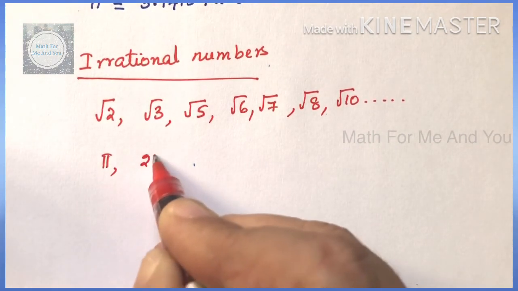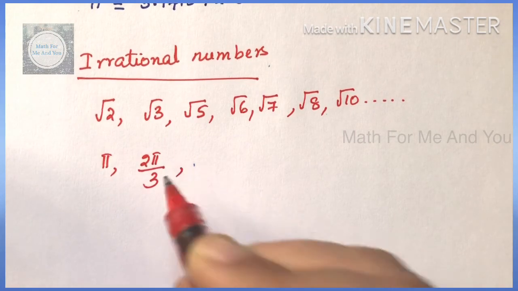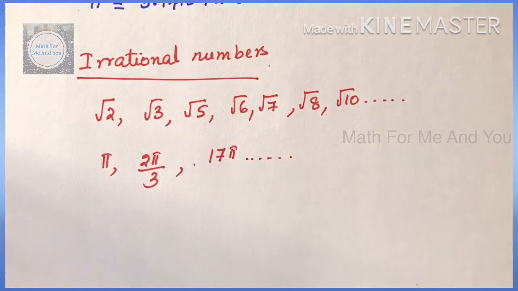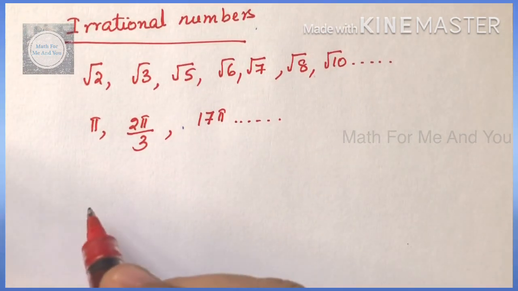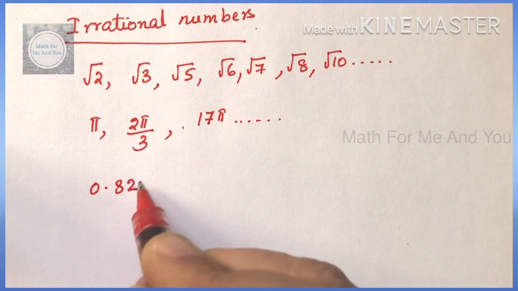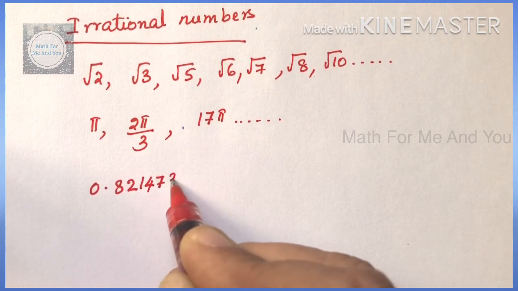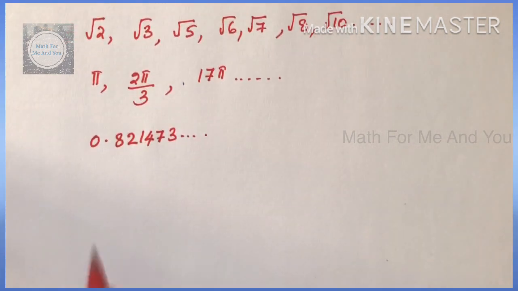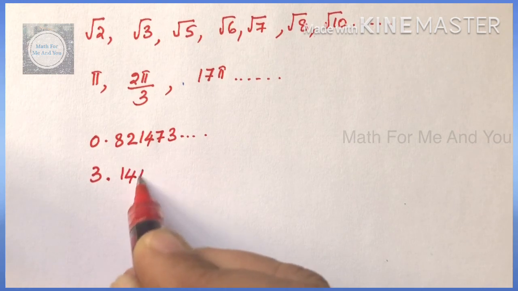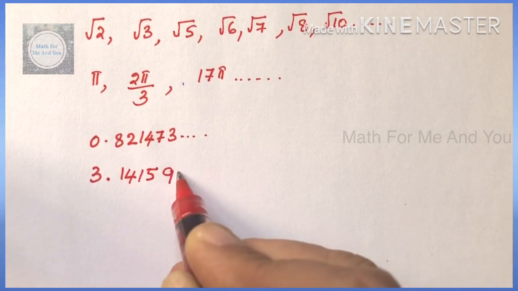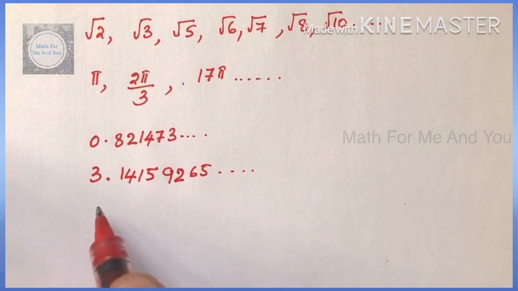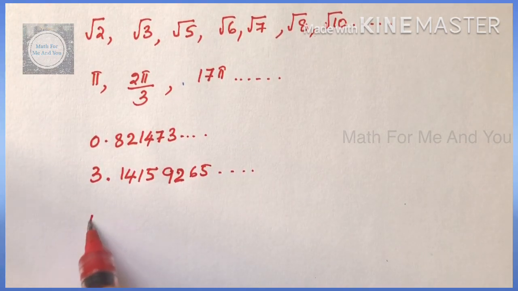And we can see pi or numbers connected with pi, like pi, 2 pi by 3, 17 pi. Also we can see decimal numbers, and they are all non-terminating, non-repeating decimals. Here you can see three examples, all irrational because they are non-terminating, non-recurring decimals.